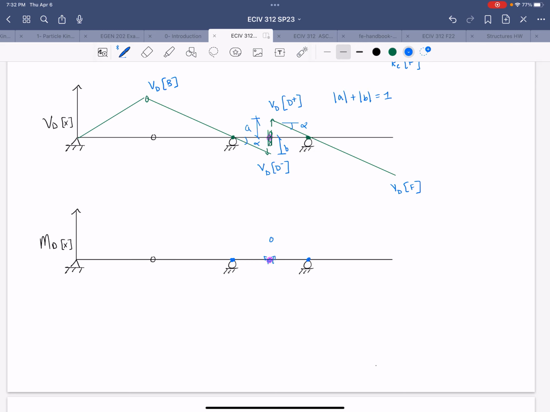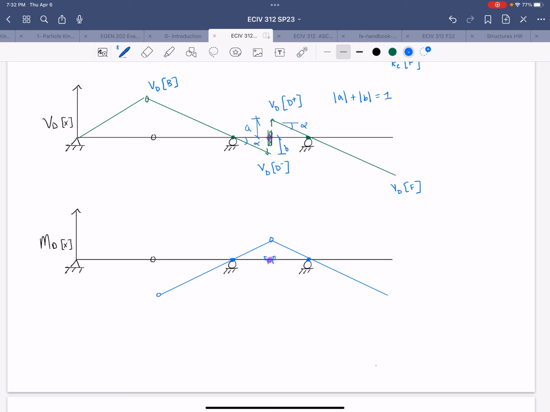So on the right side of the hinge from D to F, we have one straight line segment. And on the other side, we have a straight line segment between B and D, right?